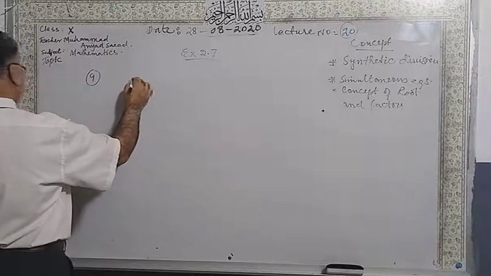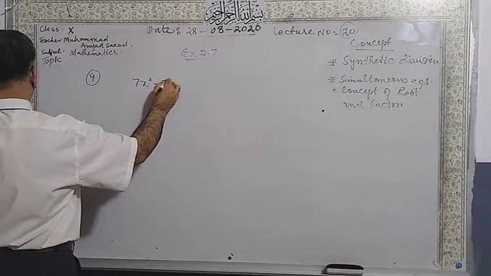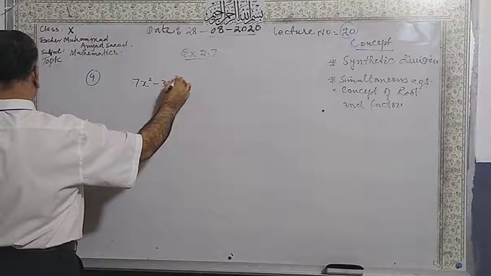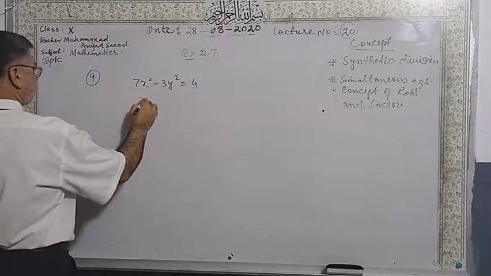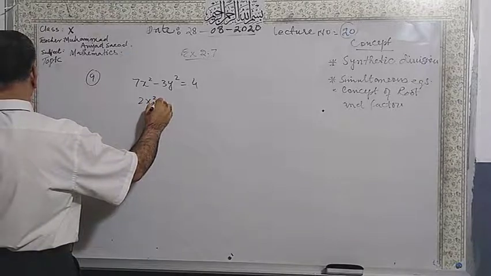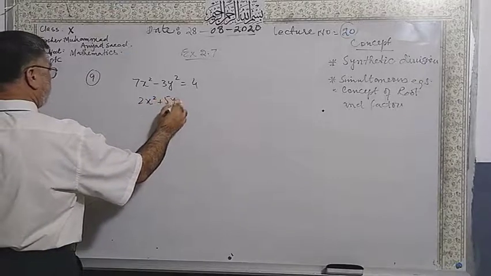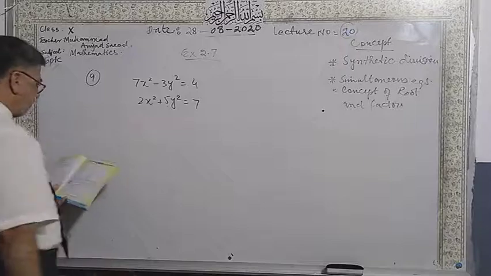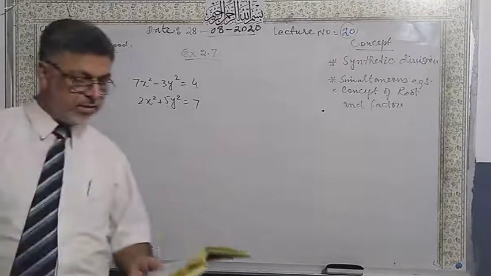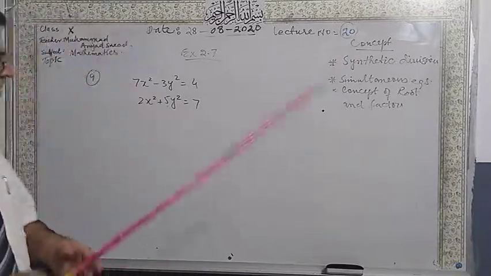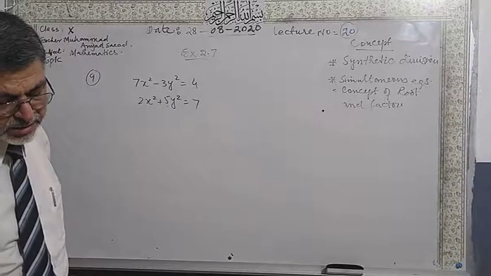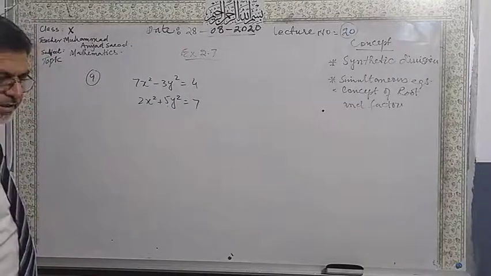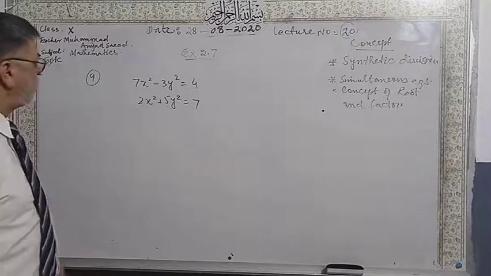Question number 9 is 7x square minus 3y square is equal to 4, and the second one is 2x square plus 5y square is equal to 7.